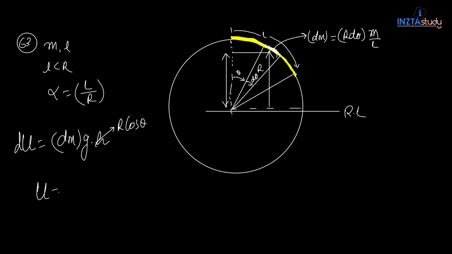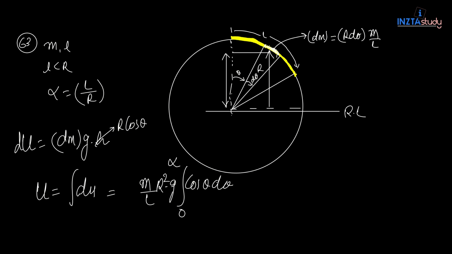So the total energy is the integration of this. This dm is nothing but m by L r, into g, one more r is there, cos theta d theta, integration, where theta is varying from 0 to alpha. So this is the equation for potential energy.